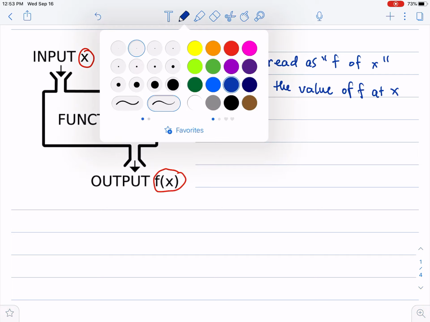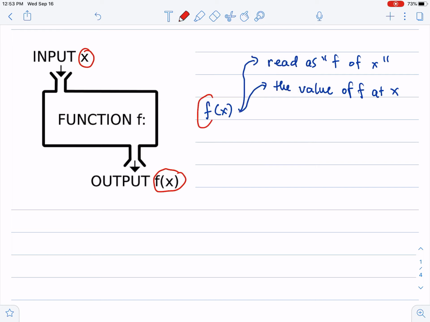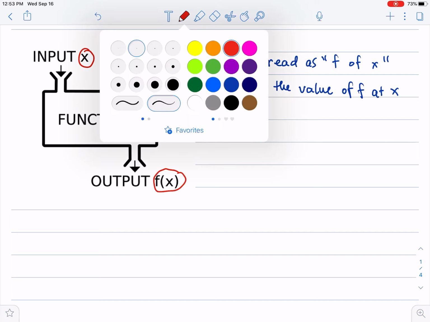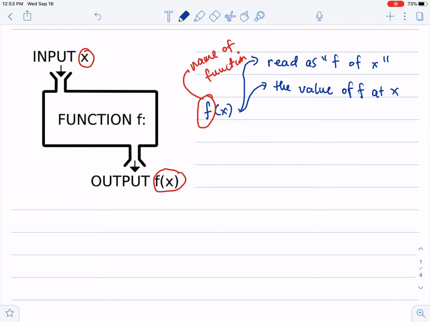Yung pangalan ng function ay yung f. At yung x, yun yung input, di ba? X is the input.